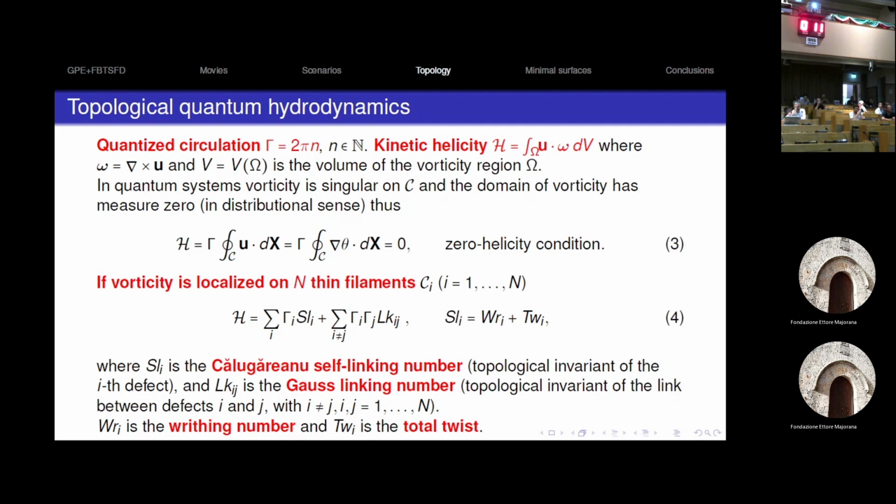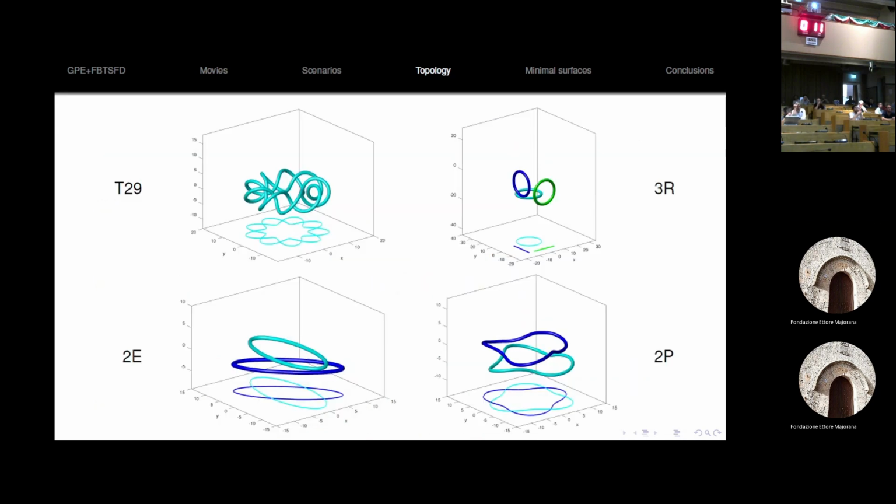And so what I did was to take these 4 cases. I did it for many other cases, but I will show you just these plots. For instance, if you take that knot, it evolves in time, and at every time step, I look for the vortex center line in order to have a 3D curve, which might be smooth enough to compute at least the first and second derivative.